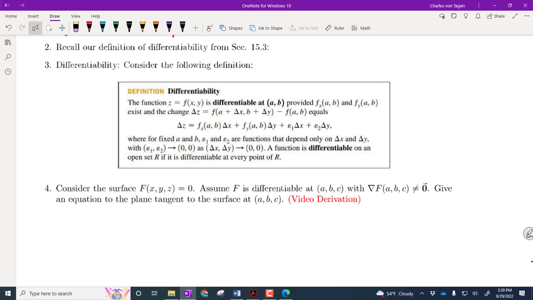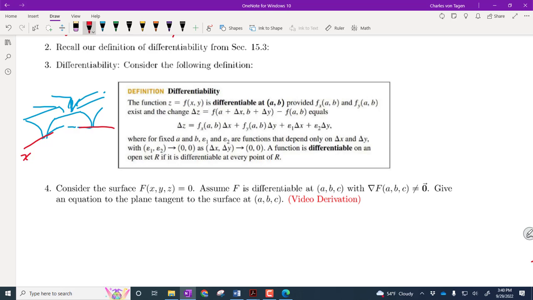So if I were to have a surface that maybe has a trough going through it, and then another trough coming in this way, and it has these two troughs, it might be possible that if I approach from the x direction, I can compute the partial derivative with respect to x at the origin.